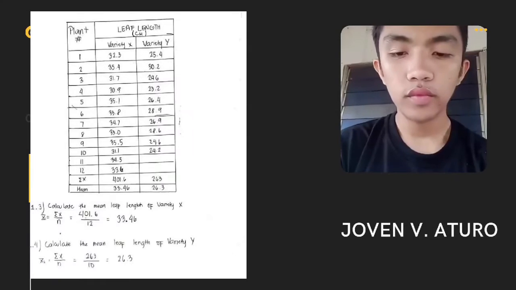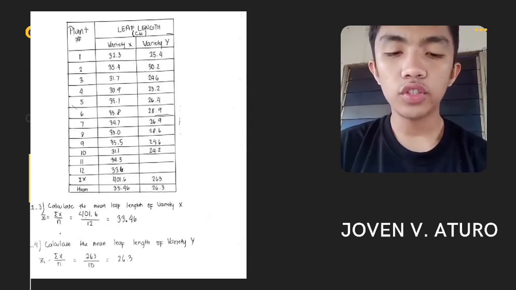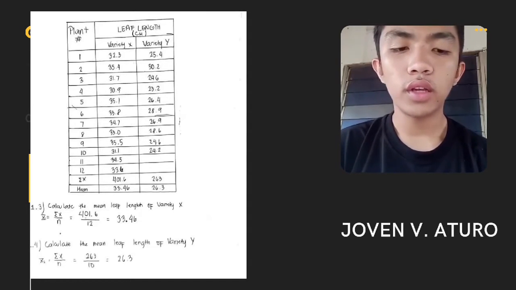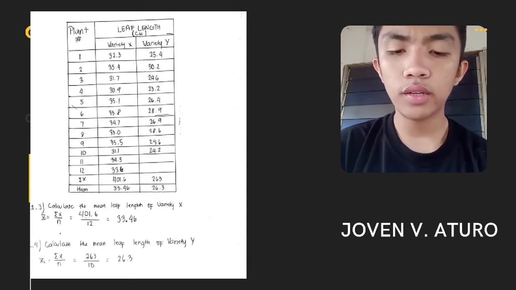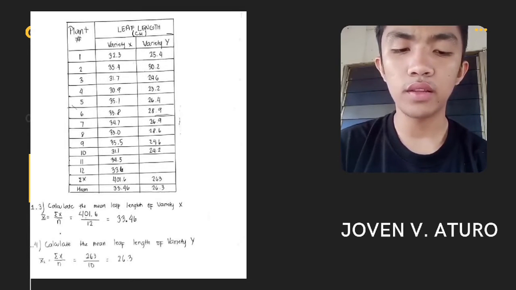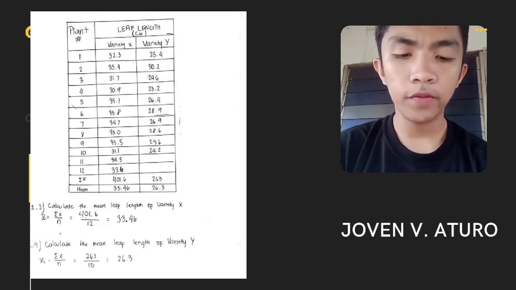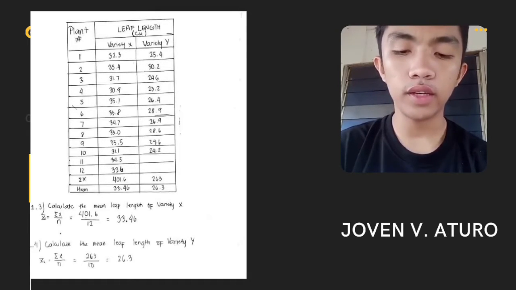In question 1.3, calculate the mean leaf length of variety x. The missing value in this equation is the mean, so we have to find the mean. We need to find the total of variety x.